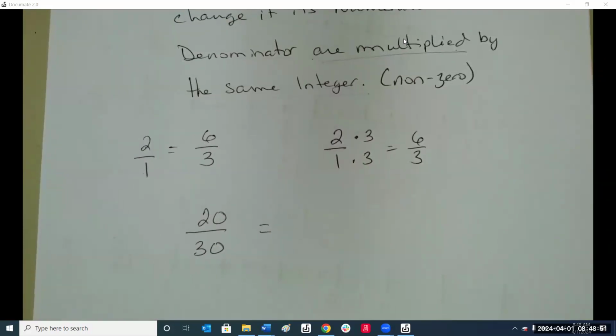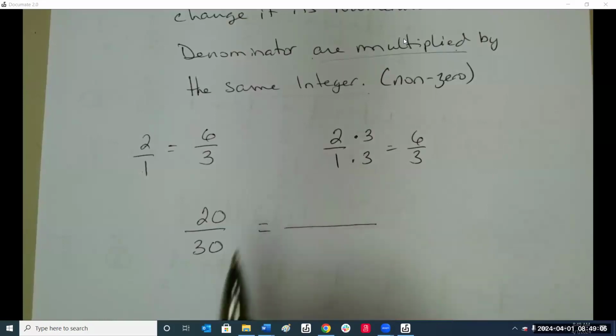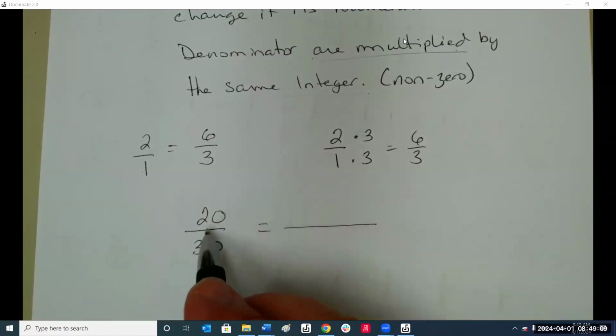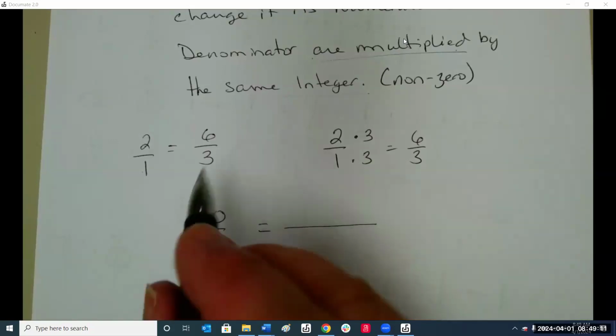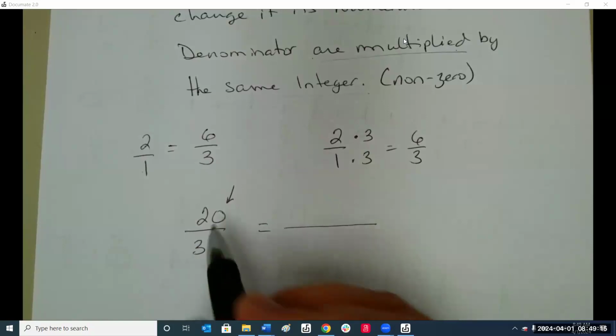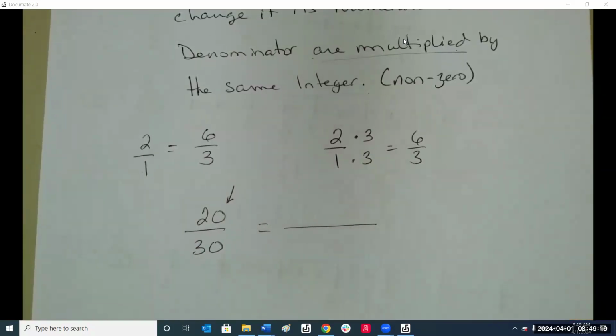20/30. If we prime factorize those, what do we get? 20 is made up of? Well, yeah, because if it ends in a 0, we know it multiplies by 10. Remember that sheet we talked about, the division sheet?